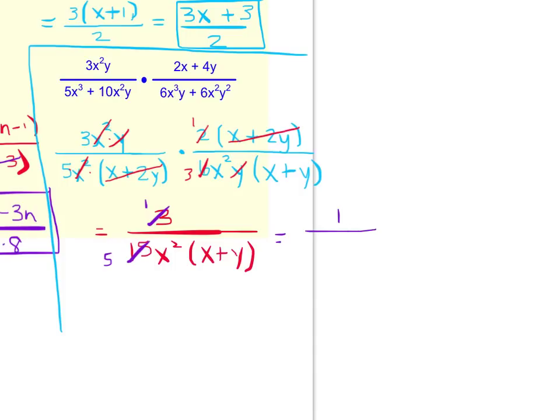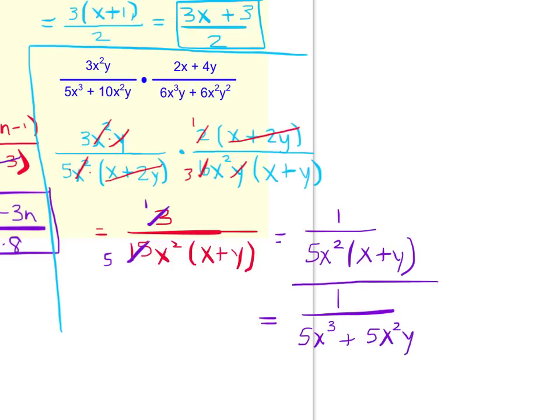Now it's a 5x squared times x plus y. And then let's go ahead and distribute that 5x squared into those parentheses, and we'll get 5x cubed plus 5x squared y. And now that one is done.